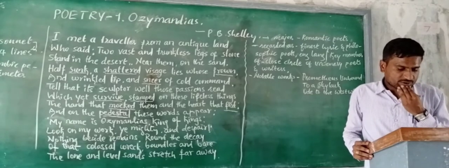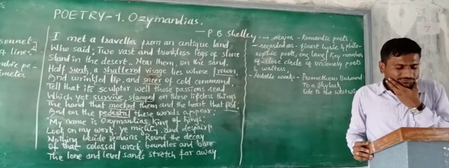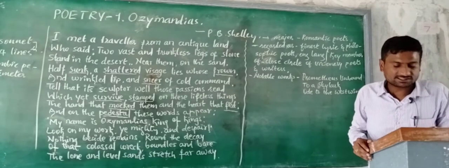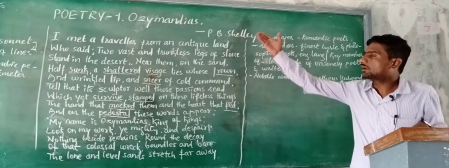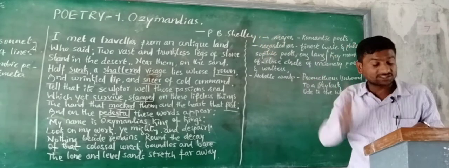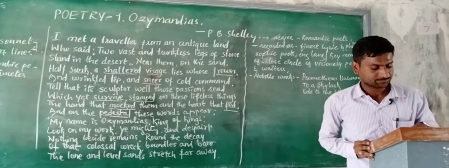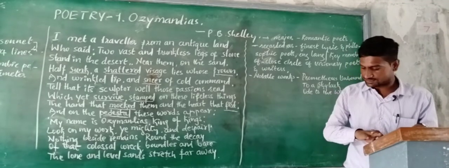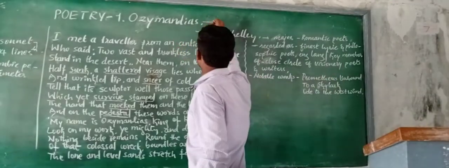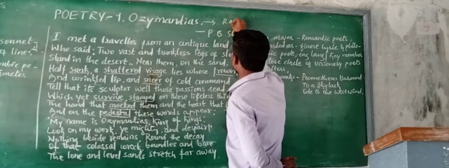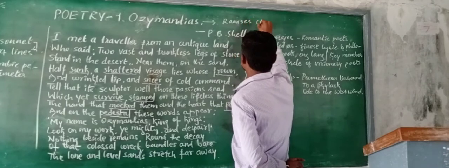My dear students, the present poetry informs the readers that the subject of the poetry is the 13th century BC Egyptian king Ramses II. Yes, Ozymandias is the Greek name; the original name of this king is Ramses II.